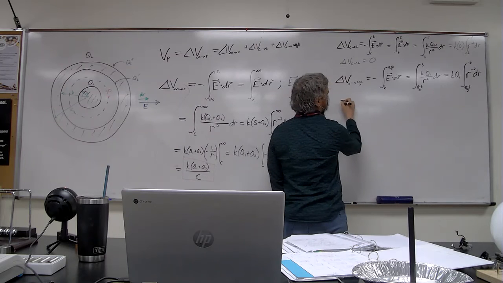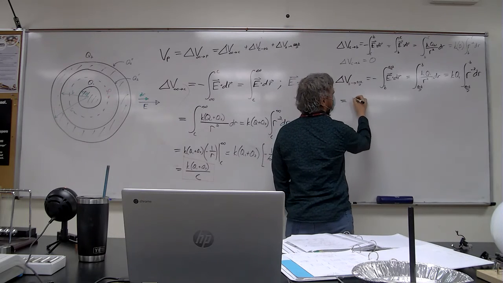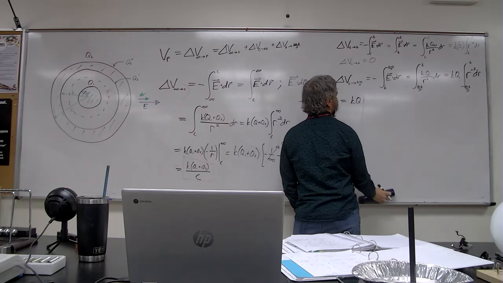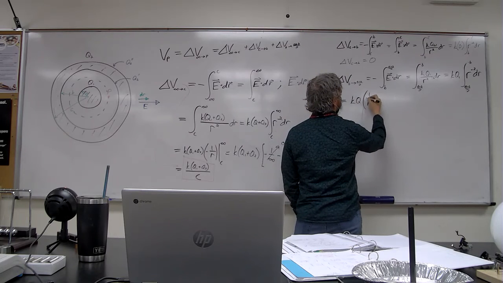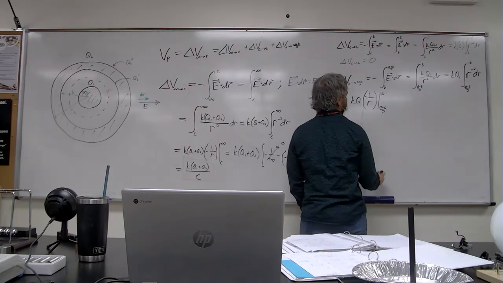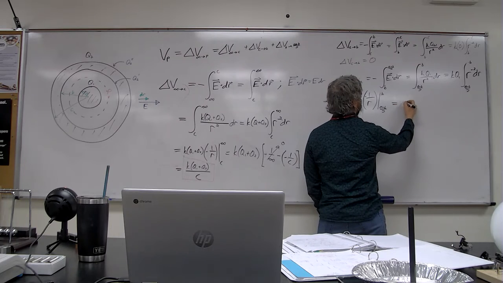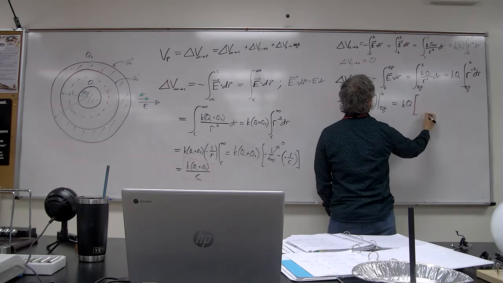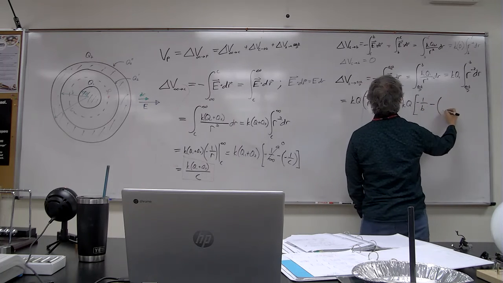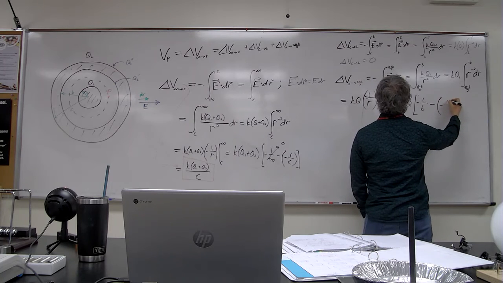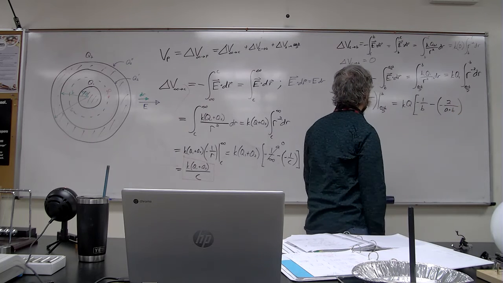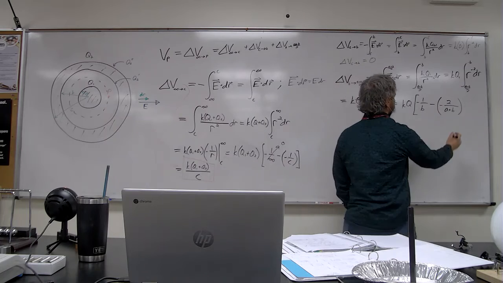So that's going to equal K Q1 times negative 1 over R, from A plus B over 2 to B. So that's going to be K times Q times negative 1 over B minus negative 2 over A plus B. Did I do that right? And you gotta flip it, multiply it.